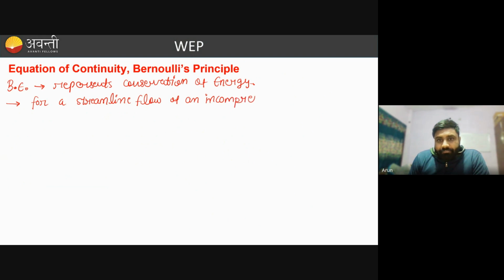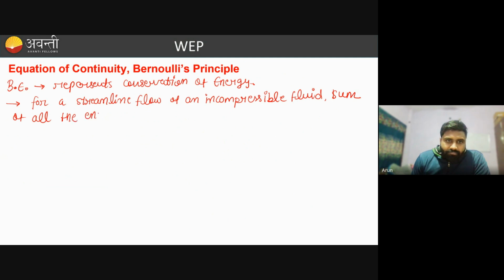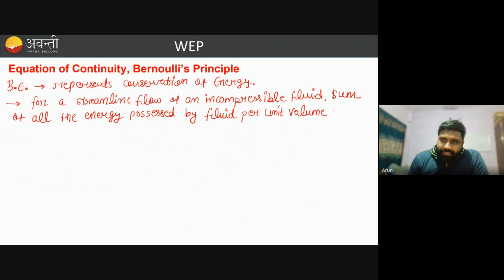incompressible fluid, the sum of all the energies possessed by the fluid per unit volume is constant.